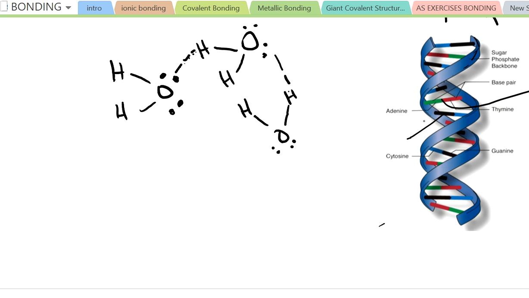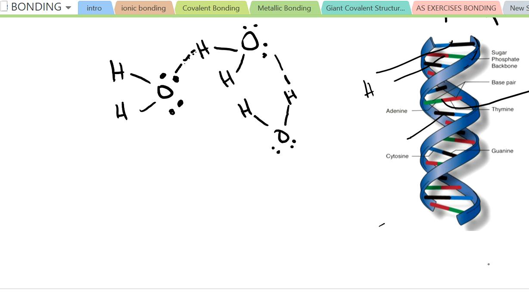So the double helix is all covalent bonds in the helix, yes, but in between the two helix, all these that are here are hydrogen bonds. So that is how important it is.